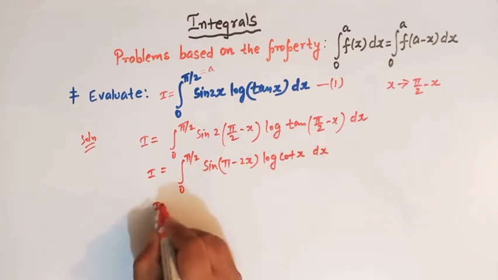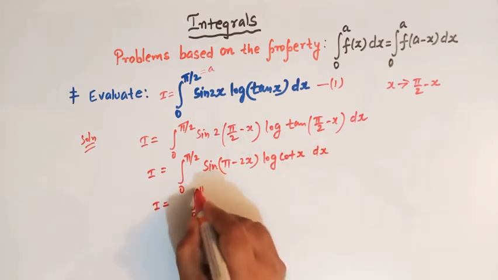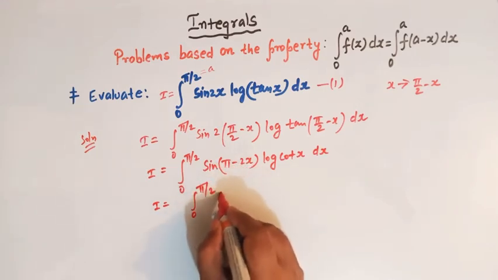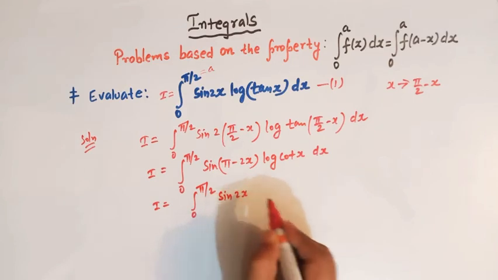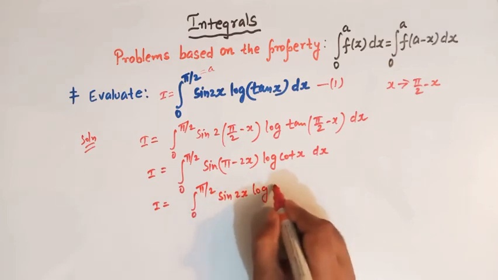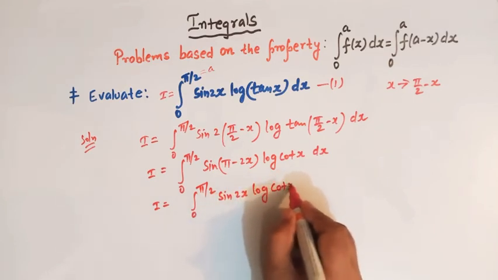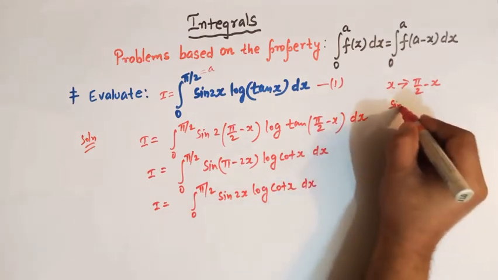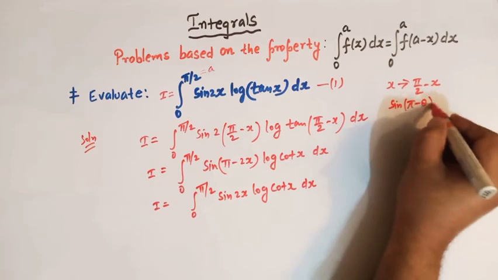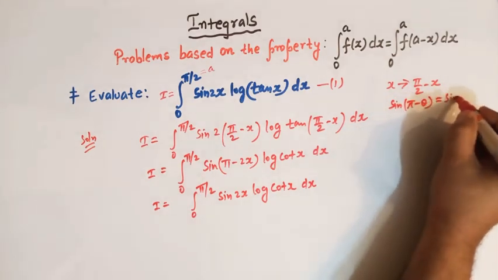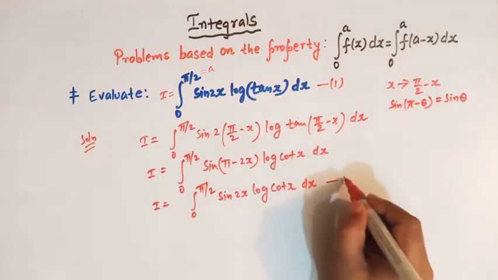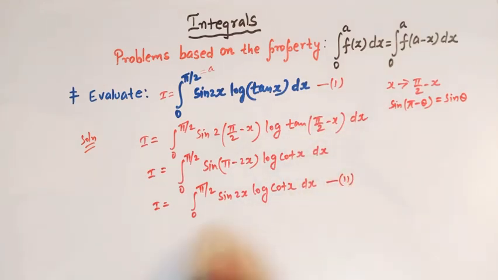And now I can be written as integral from 0 to pi by 2 of sine(pi minus 2x), which is sine 2x, and here we have log cot x, right? Because sine(pi minus theta) is equal to sine theta, right? Okay, now this is equation 1, and let us take this as equation 2.